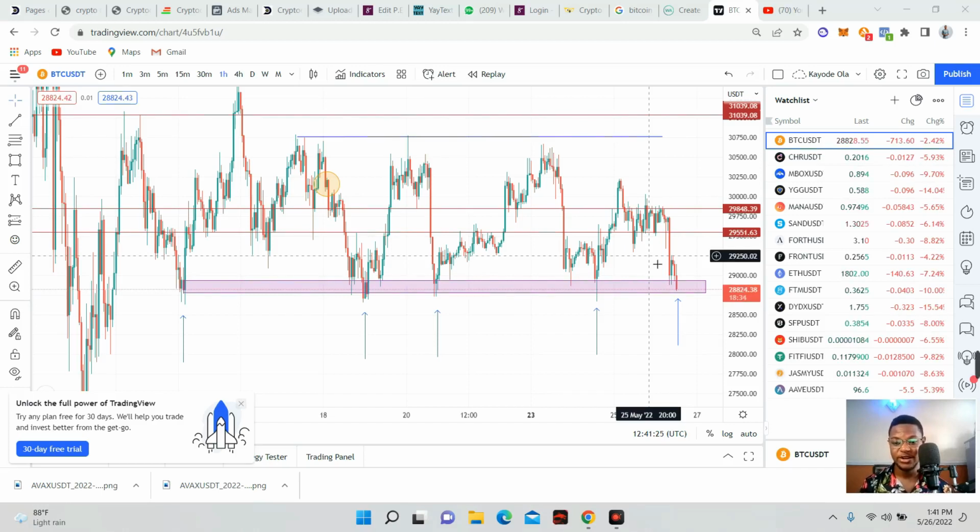You must secure your capital. So when you are planning to place a trade, always plan your stop loss alongside it. If you are planning to long this market now, you must plan where my stop loss should be. If you are longing from 28,800, you can put your stop loss at 28.4. So when the market dumps more, I'm just out of the market to go and rest a little bit.